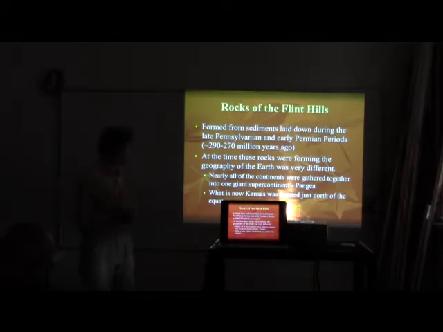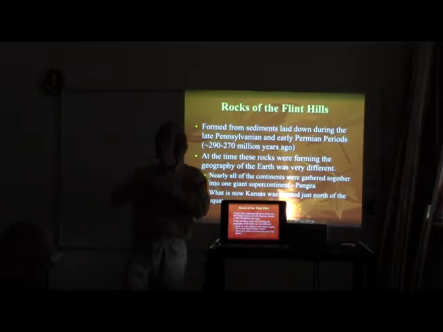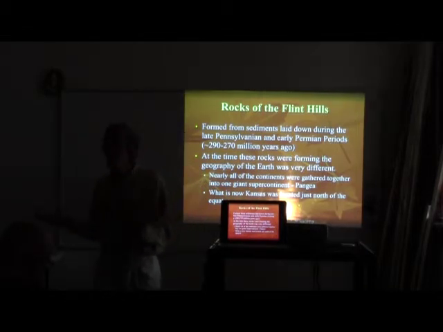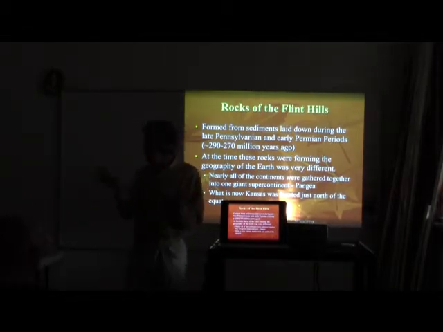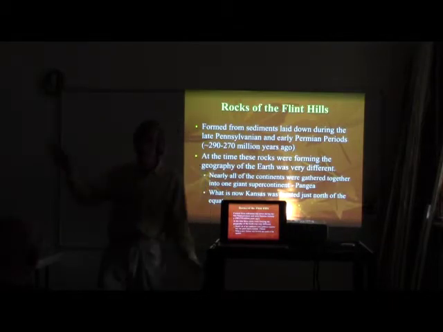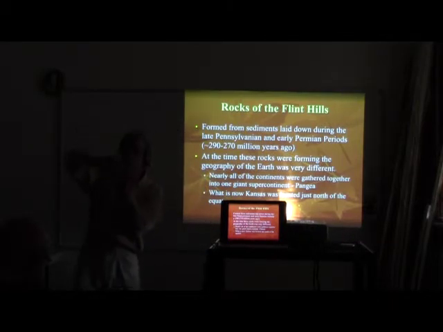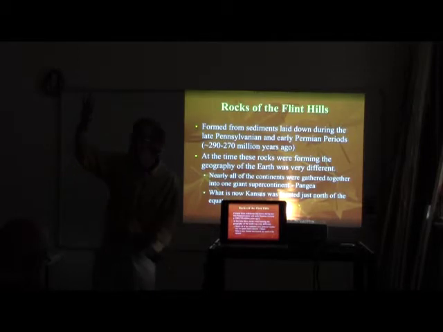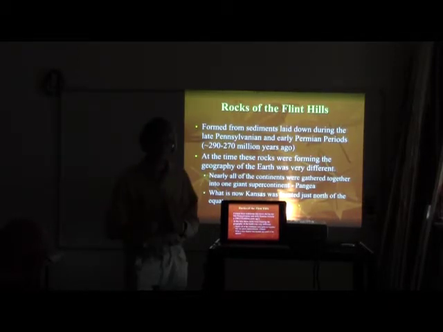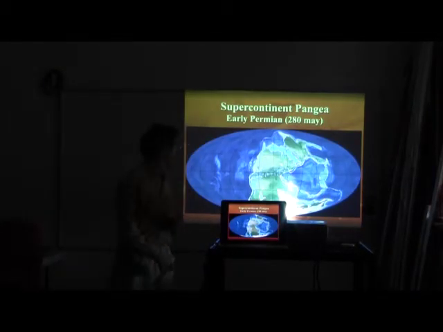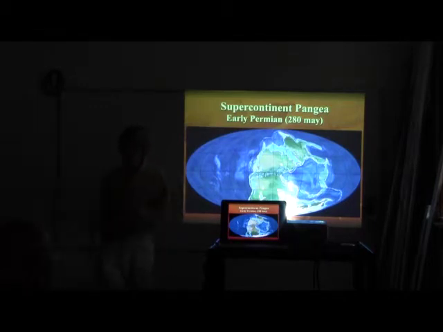One of the things was that the paleogeography was completely different. Instead of the current paleogeography that we have now, all the continents were swept together in one giant continent called Pangaea, one supercontinent. And this is a paleogeographic reconstruction of that time.